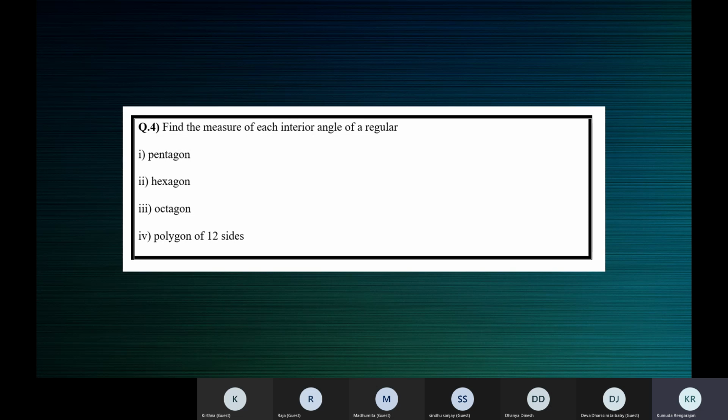What is 360 by 5? 72 degrees. So each exterior angle is 72 degrees. How will you find each interior angle? 180 minus 72, which is 108.